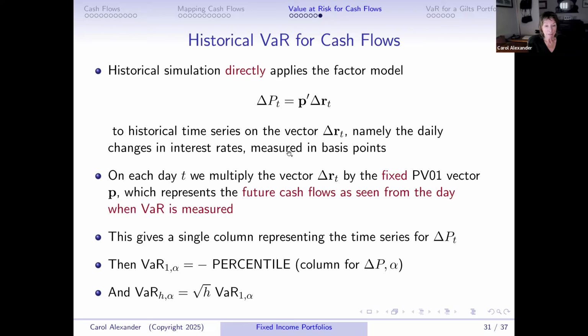This gives a single column, which we apply the percentile function to, and then we multiply it by -1, and that'll give us the 1-day VAR, assuming these changes, delta RT, are daily changes. It'll give us the 5-day VAR if those changes are weekly, and so forth. And then we just scale it using the square root of time rule.